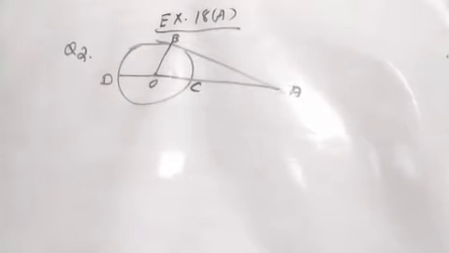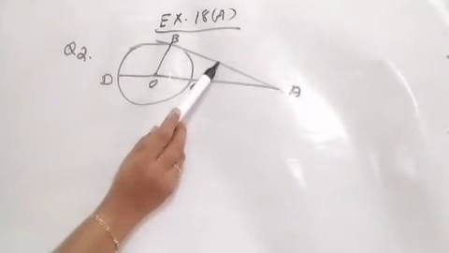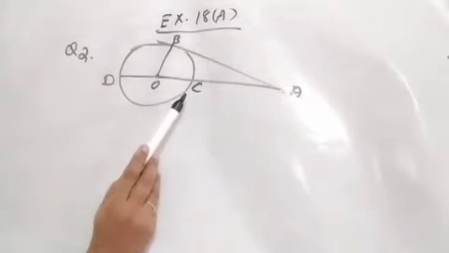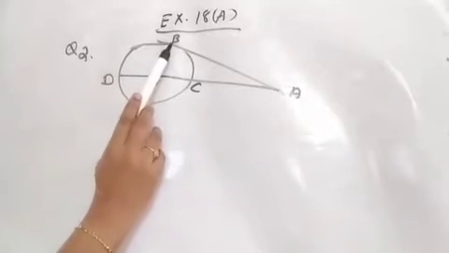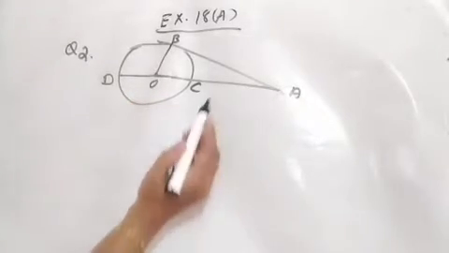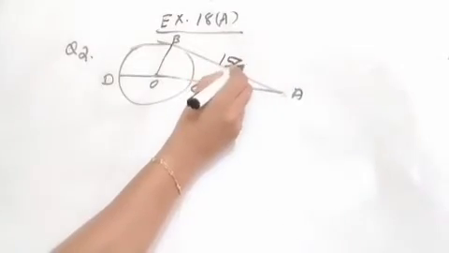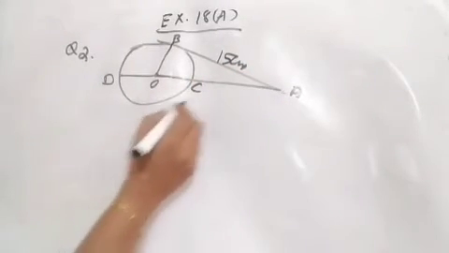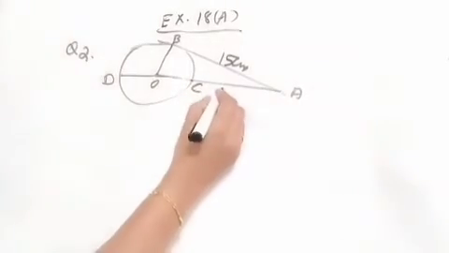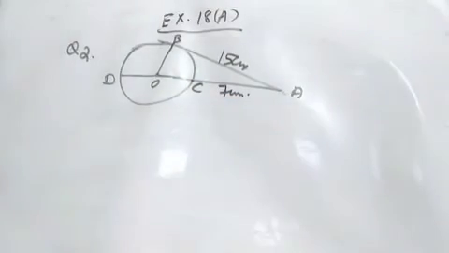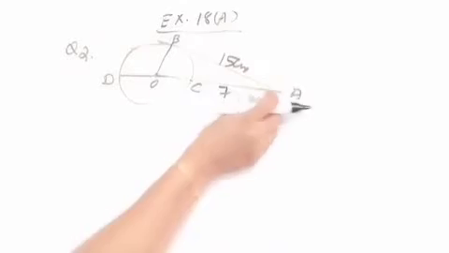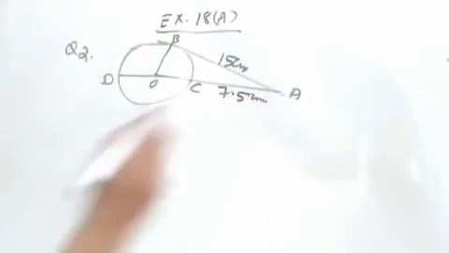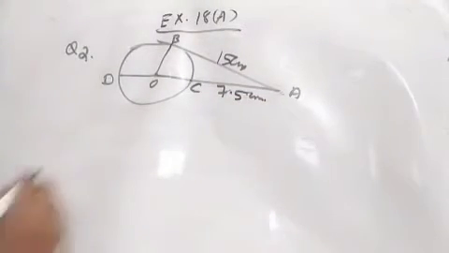In second question, O is the center of the circle, AB is the tangent at B. At this point B. AB is 15 centimeter. So length of the tangent is given 15 centimeter. And AC 7.5 centimeter. A to C. Calculate the radius of the circle.